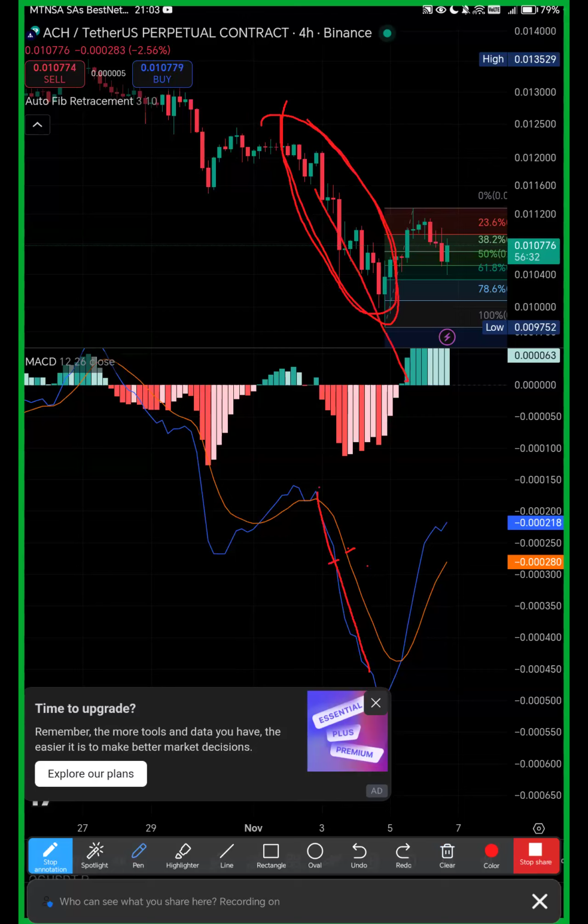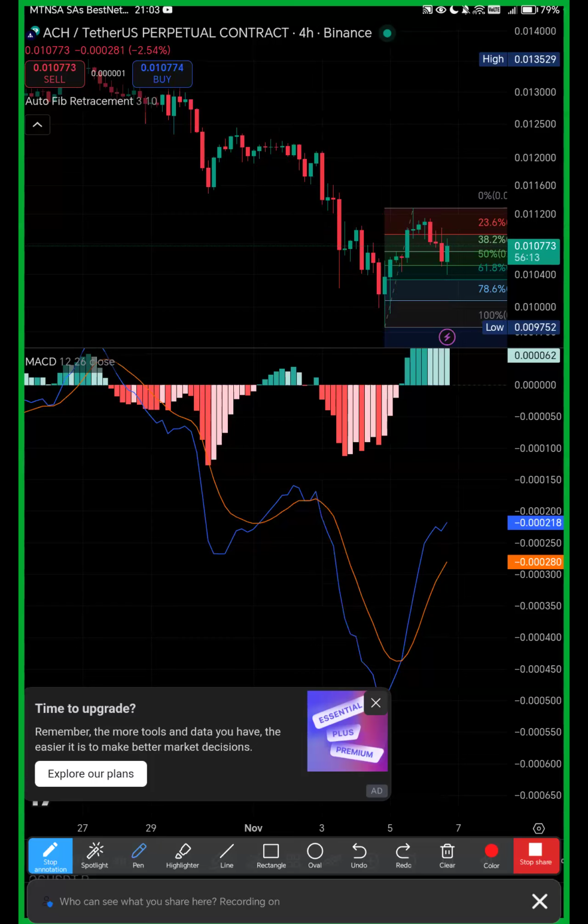So when the blue line crosses the orange line to start moving below it, it signifies downward movement of price, or a downtrend. The market is going downward.